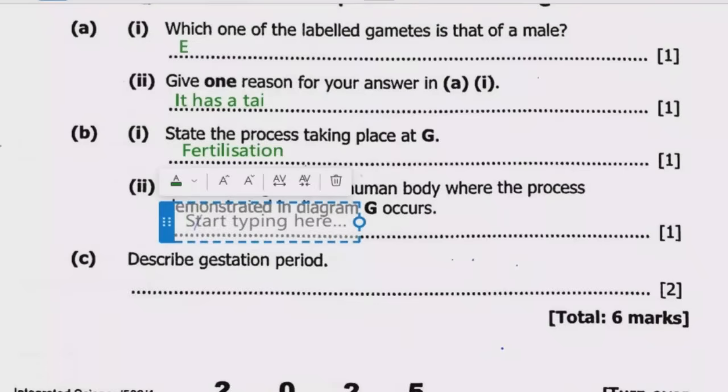So we can say fertilization occurs in the oviduct. Okay, fertilization takes place in the oviduct.